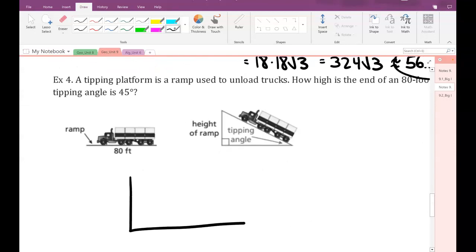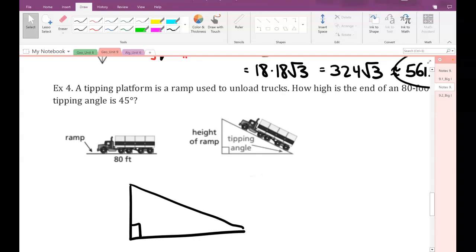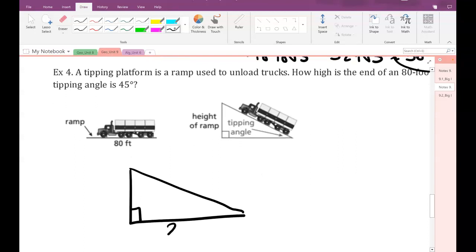If we want to draw our own triangle, which you know I love drawing pictures, it's an 80-foot ramp. So the base is 80 feet. We know it's tipping at a 45-degree angle.